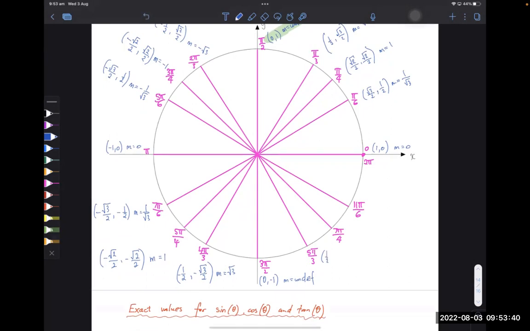So we got 1/2. What's the y value down here? This y value down here is the same as this one down here, isn't it? So it's a negative √3 on 2. So what's our gradient here? This gradient is similar to this gradient up here, isn't it? So m equals negative √3.